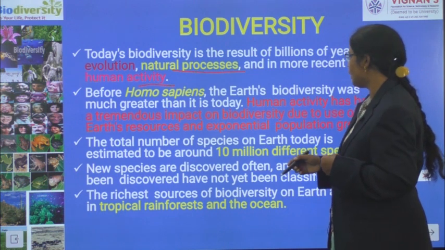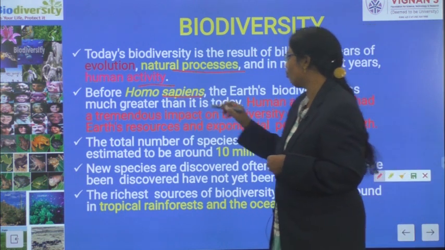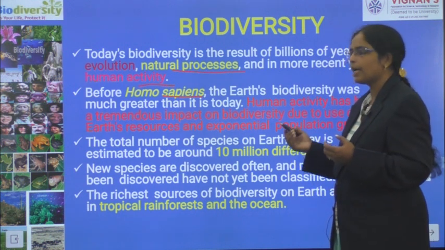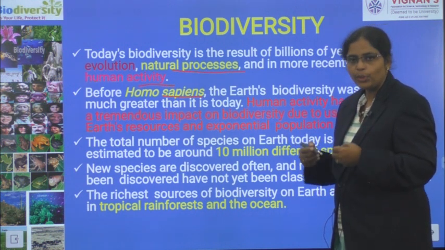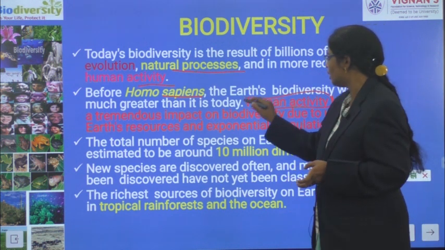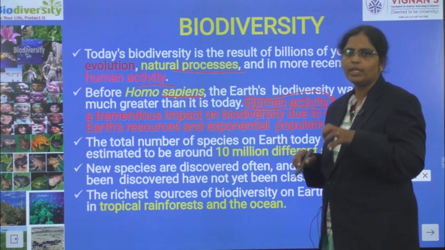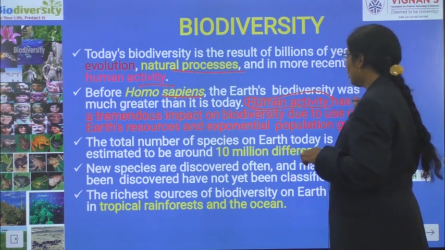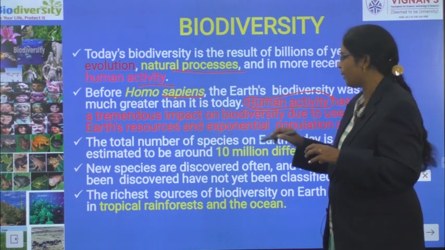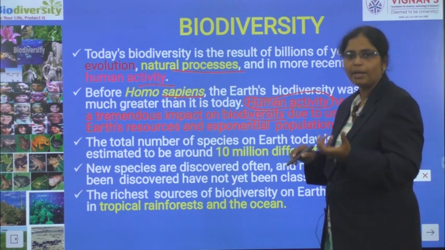Before Homo sapiens, the earth's biodiversity was much greater than it is today. Today, human beings play a critical role in biodiversity, and because of this human activity there has been a tremendous impact on it.